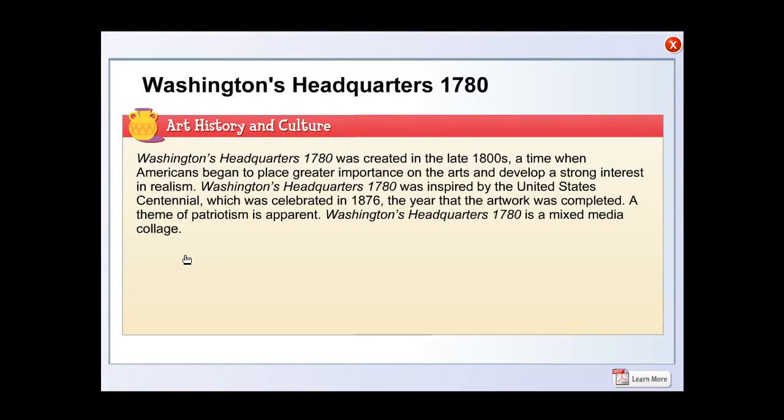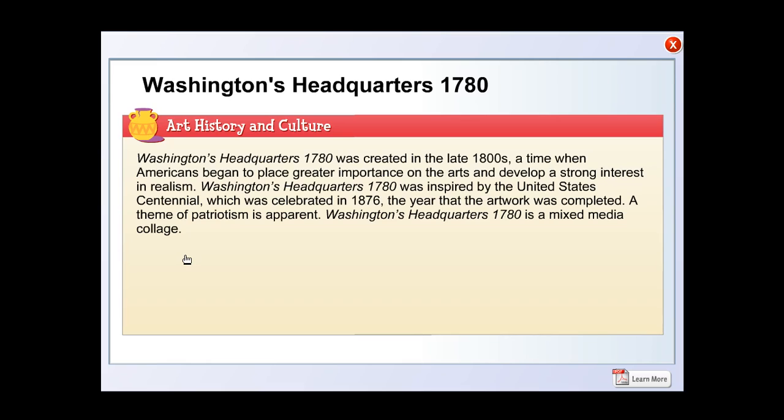Washington's Headquarters, 1780, was created in the late 1800s, a time when Americans began to place greater importance on the arts and developed strong interest in realism, meaning paintings that look real. Okay, they didn't have cameras back then, so the function of artwork was to be used like a camera.